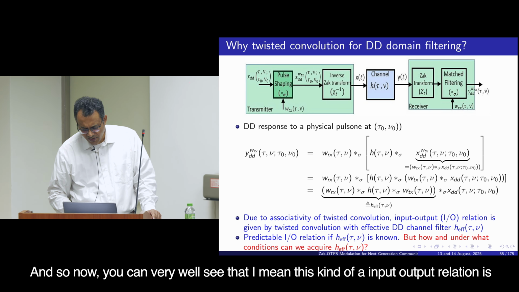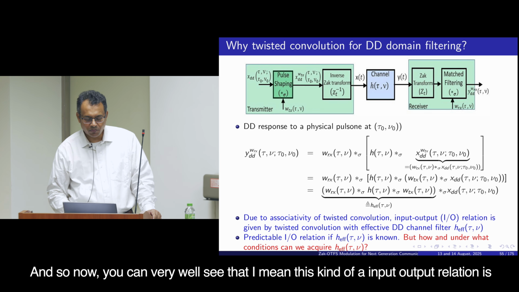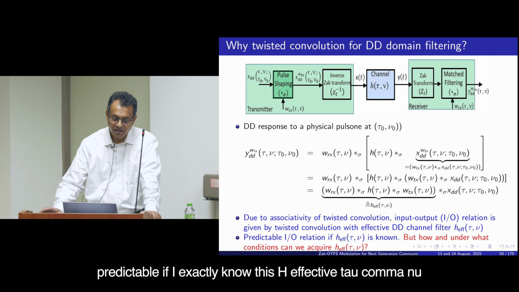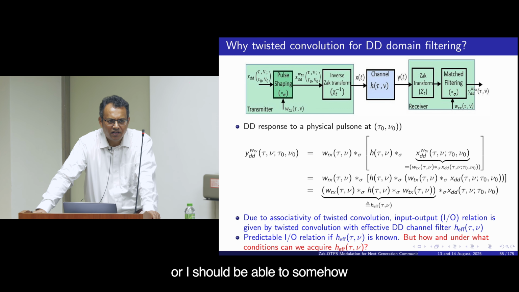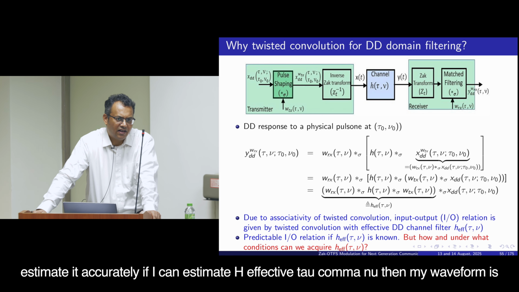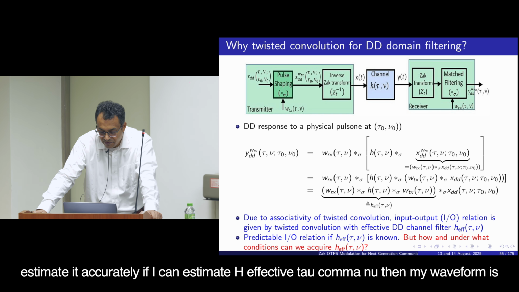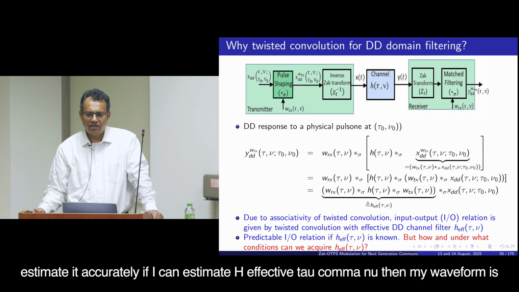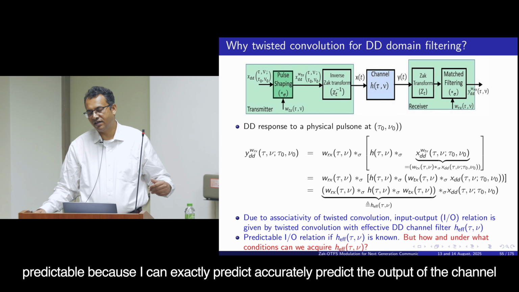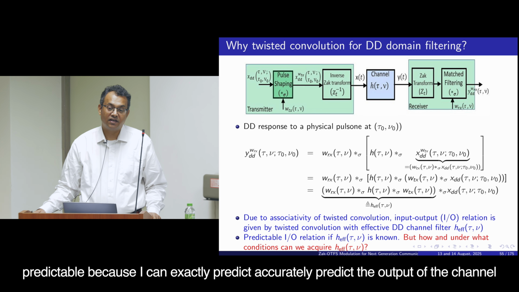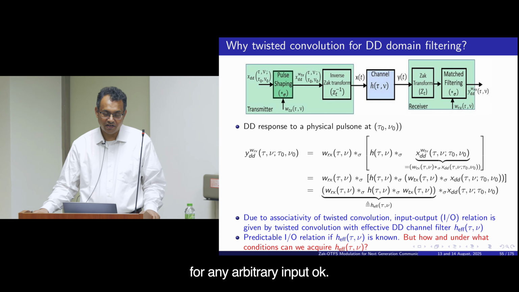And so, now you can very well see that this kind of an input output relation is predictable if I exactly know this H effective tau comma nu, or I should be able to somehow estimate it accurately. If I can estimate H effective tau comma nu, then my waveform is predictable because I can accurately predict the output of the channel for any arbitrary input.